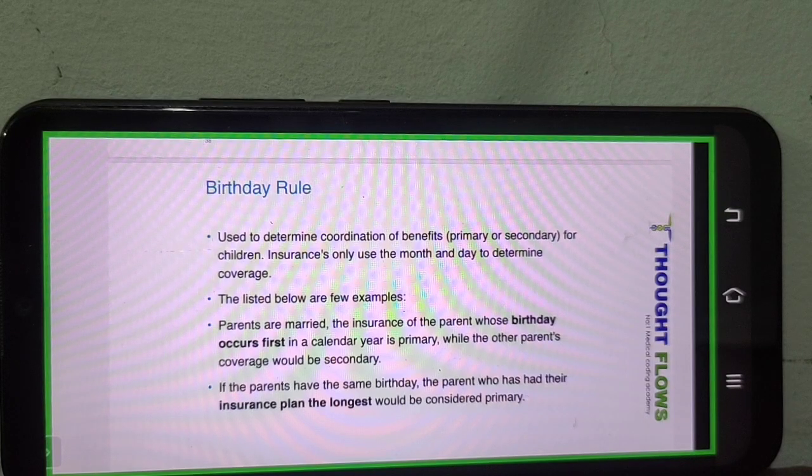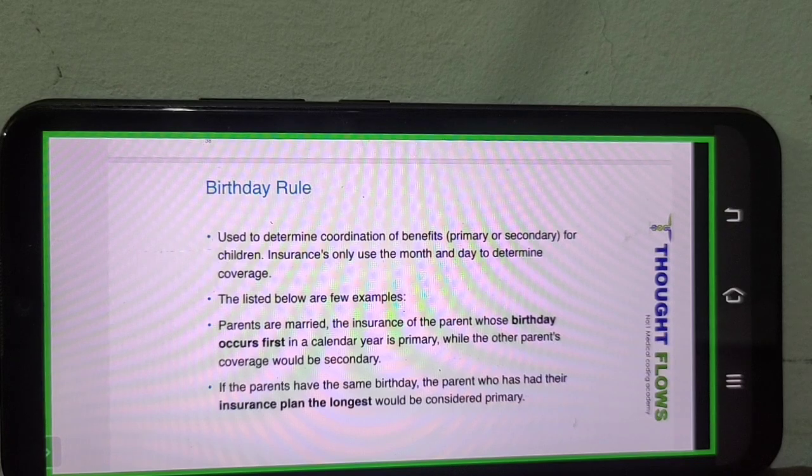Example: mother and father have separate insurance policies. Now the child is admitted into the hospital. In that case, from whom will the insurance company deduct the amount? To decide that, they use a method: whose birthday occurs first in the calendar year.